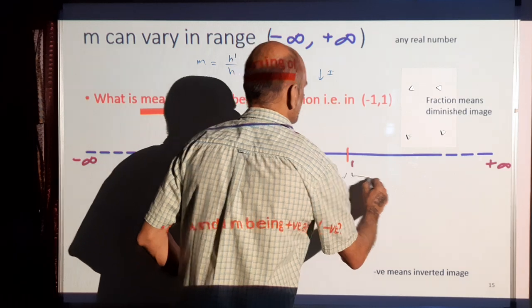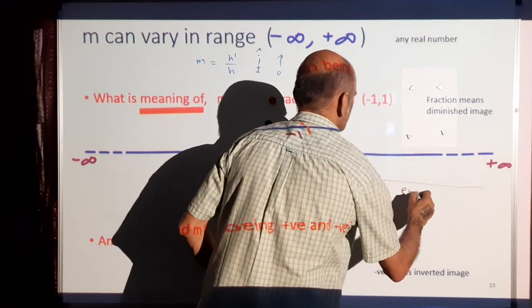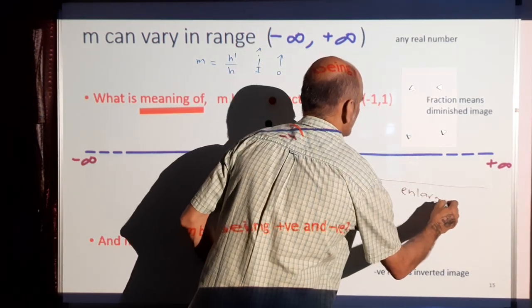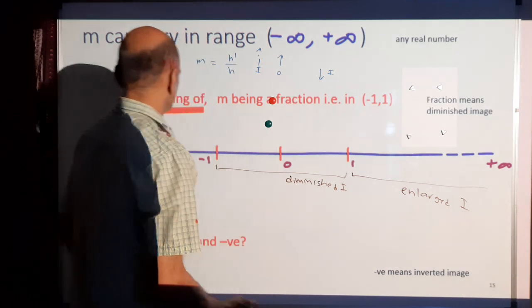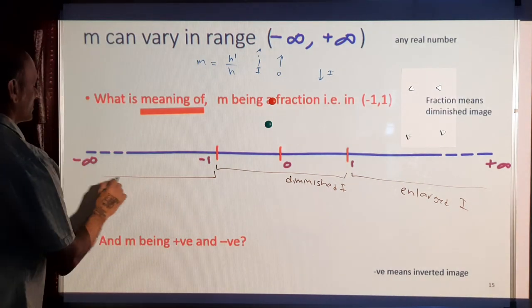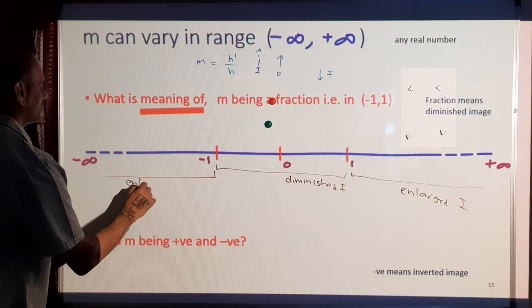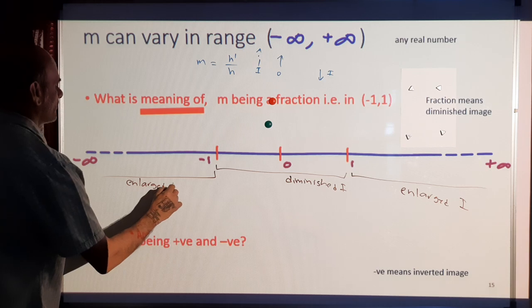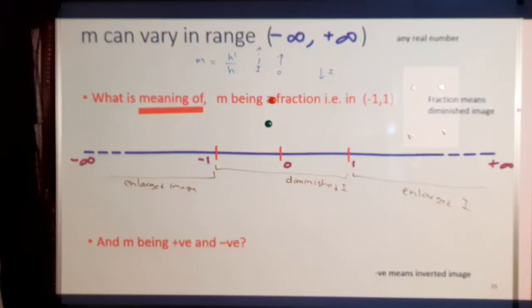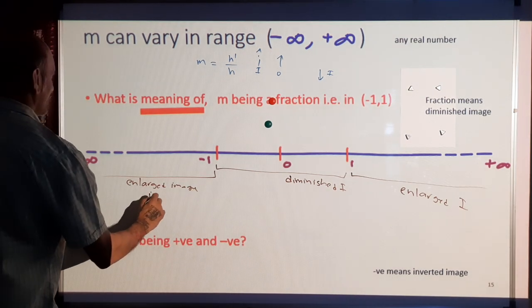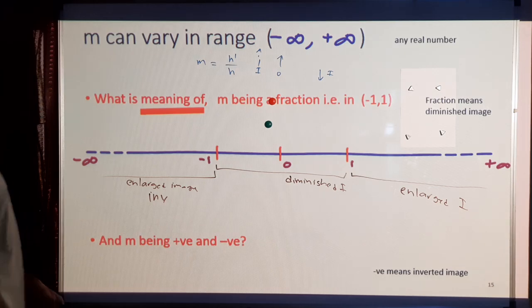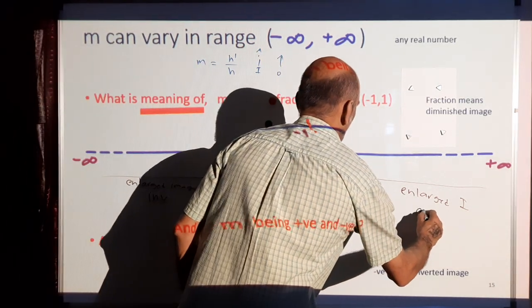Between 1 and infinity, enlarged image. Here also enlarged image. But it is inverted because magnification is negative. Here it is erect because magnification is positive.